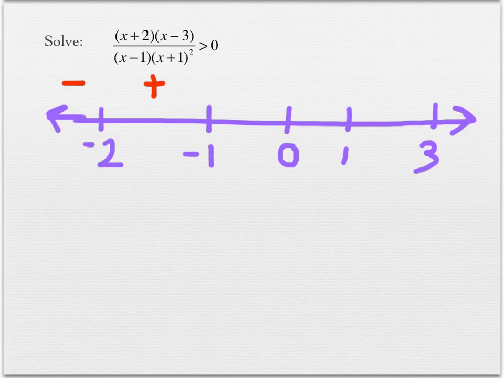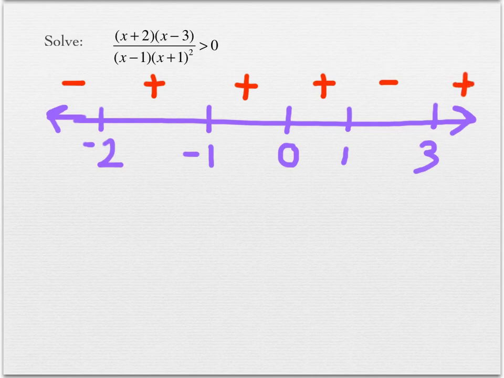And then between negative 1 and 0, it looks to be positive again. Okay, and then between 0 and 1, it's also positive. Alright, so far so good. Then between 1 and 3, though, it turns back to negative. And then when x is greater than 3, it is also positive.